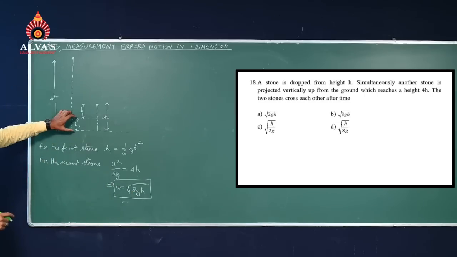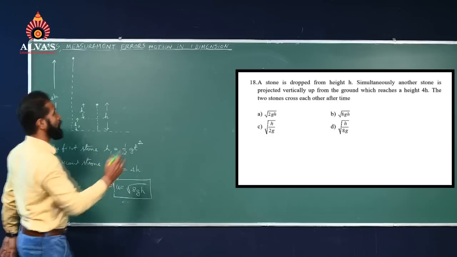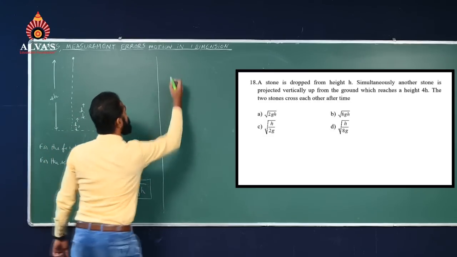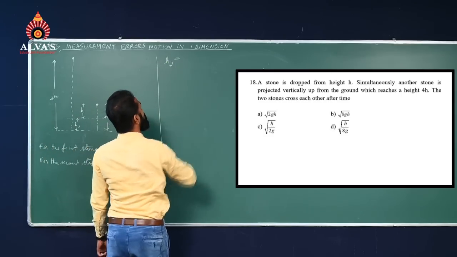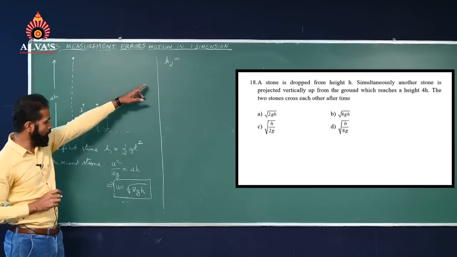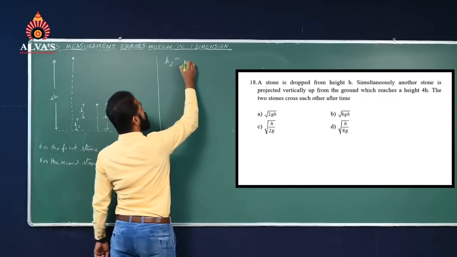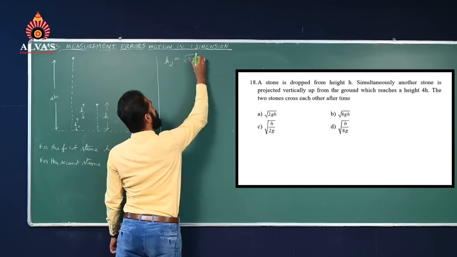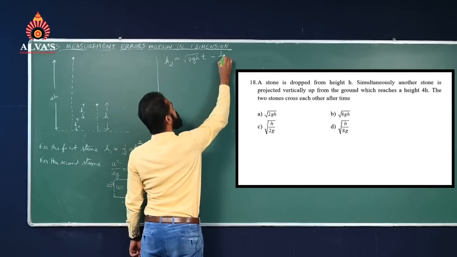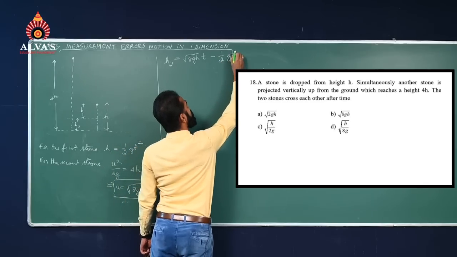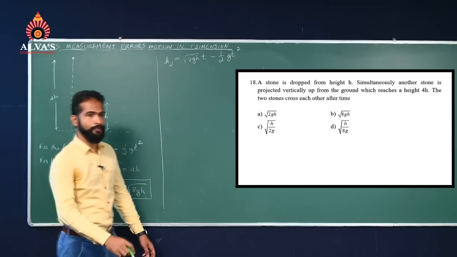Now let us calculate the distance traveled by that second stone, h2. So h2, using the formula ut plus half at square. u is already here, root of 8gh into t minus half gt square.